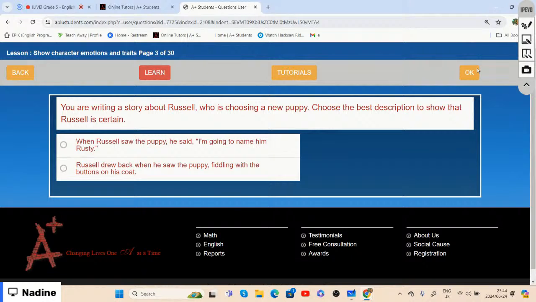Is it option one, where it says when Russell saw the puppy, he said, "I'm going to name him Rusty." Or option two that says Russell drew back when he saw the puppy fiddling with the buttons of his coat. So, what option showed that Russell was sure and certain that this is going to be the puppy that he's going to choose?